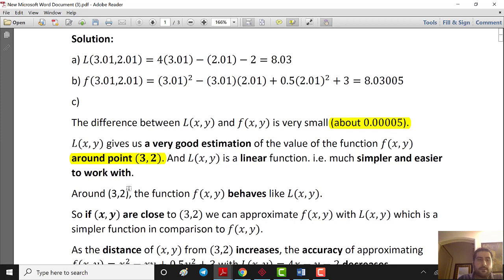In other words, around 3 and 2, the function f of x and y behaves the same way as the function L of x and y, which is its linearization, right? So instead of working with the function f of x and y around 3 and 2, we can work with its linearization around point 3 and 2, right?